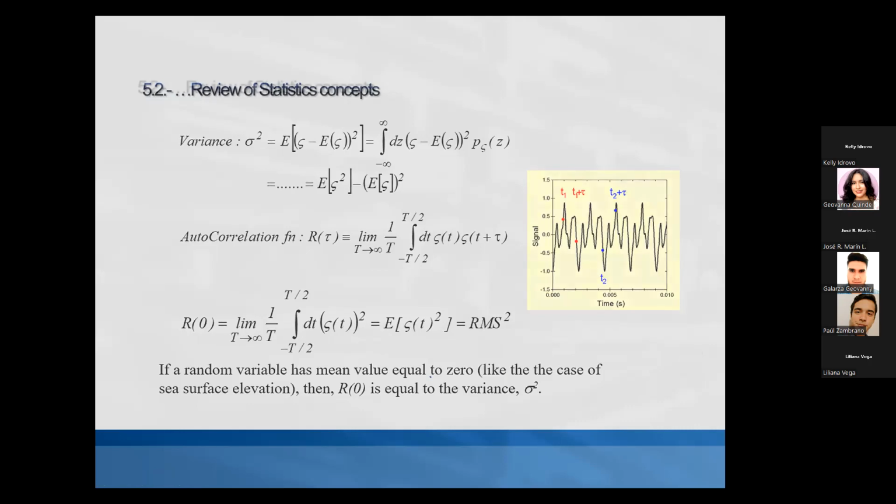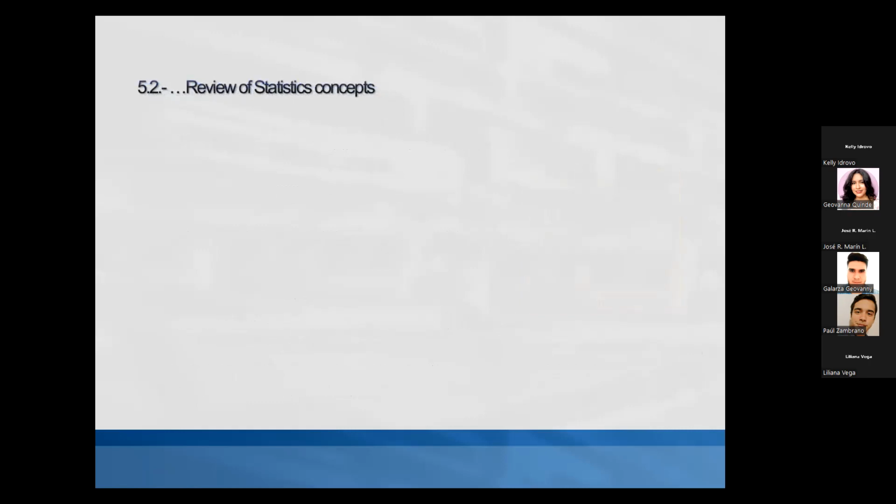Again, this is something that we are just recalling from your statistics class. I would like you to review it again, so you can recall what you learned. Now, let's move on.